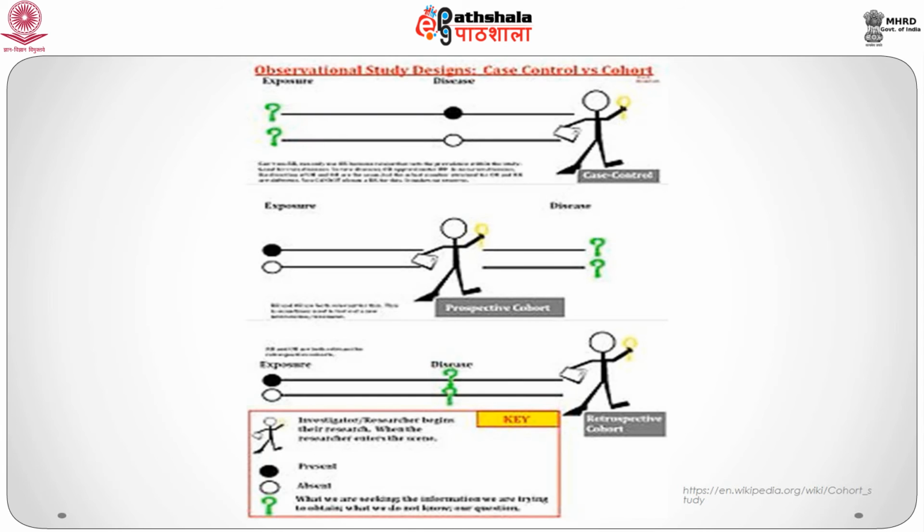We next have the prospective study. The investigator has assembled the two cohorts based on exposure and goes forward in time to ascertain their disease. We also have the retrospective cohort, where the investigator assembles the cohort as before based on their exposure and follows them forward in time to ascertain their disease.